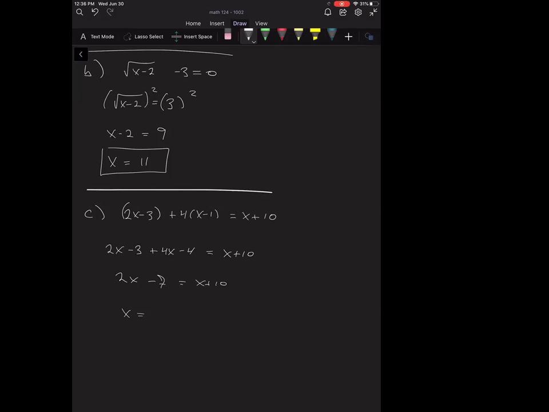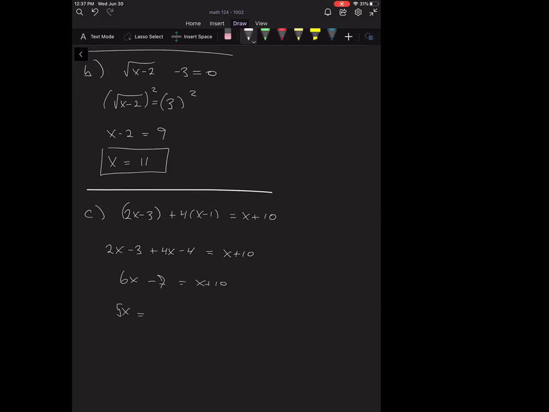Oh, did I make a mistake? Yeah, sorry, on the left-hand side, this is not a 2x, that's a 6x. We have 4x plus 2x is 6x, and then minus 3 minus 4 is minus 7. So if we subtract the x from the right, move it to the left, then on the left-hand side, we're going to have a 5x.